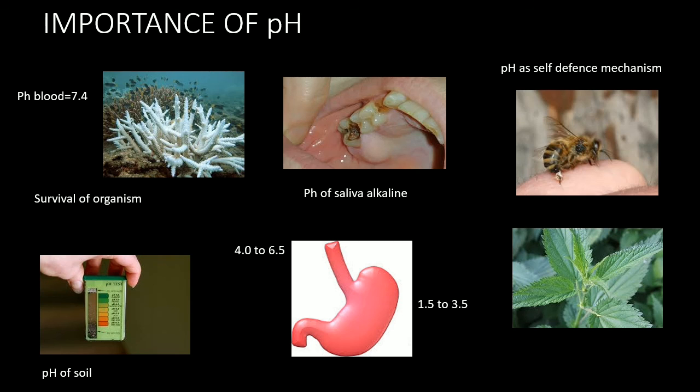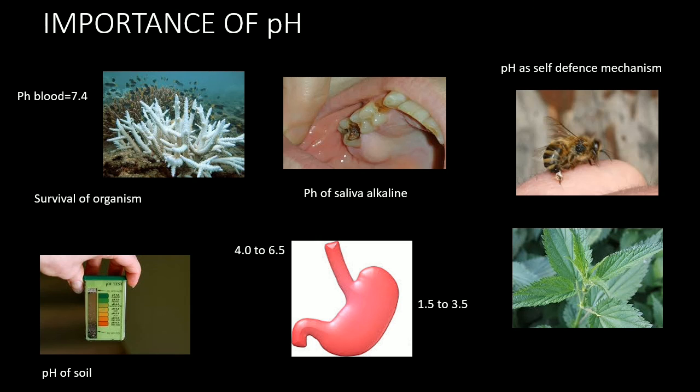In the same way, a plant called nettle has hairy leaves. If you touch the plant, it also injects formic acid into your skin, and you feel a burning sensation. That's why your mother gives you a remedy if you get a honeybee sting: to neutralize that acid with baking soda.